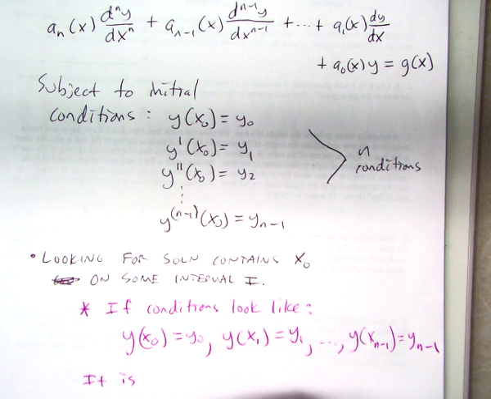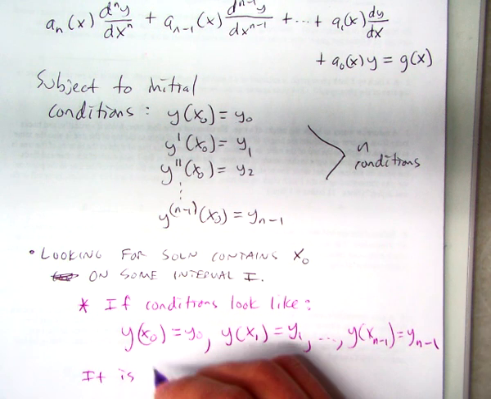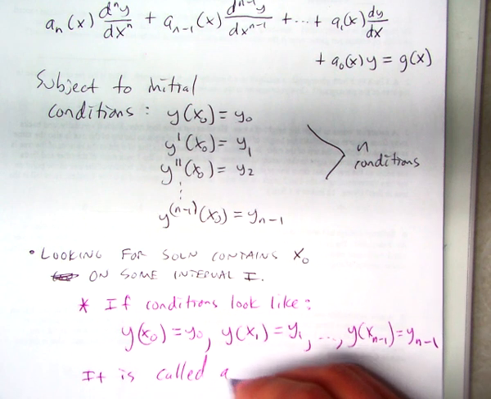Okay, then this is like an initial value problem. We still want these things to satisfy all these conditions, but we call this a boundary value problem.